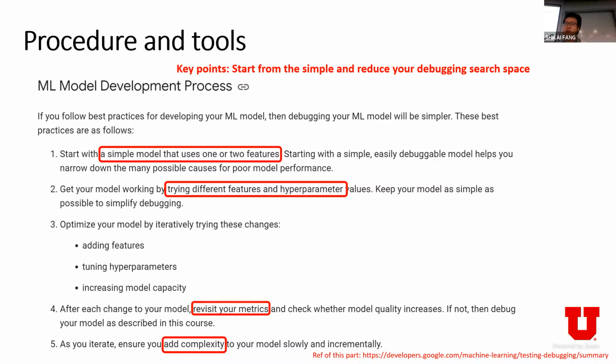Because a simple case, simple model, simple data can largely reduce your debugging search space. That's a good thing. So the second principle right here: start from simple. If it goes well, then move to the complex.